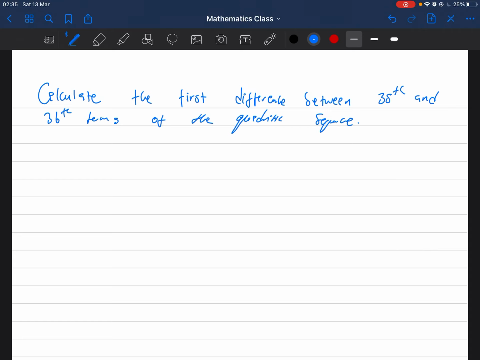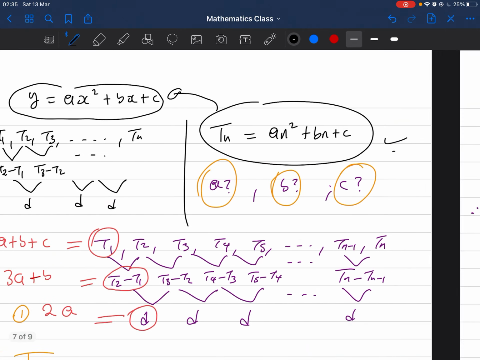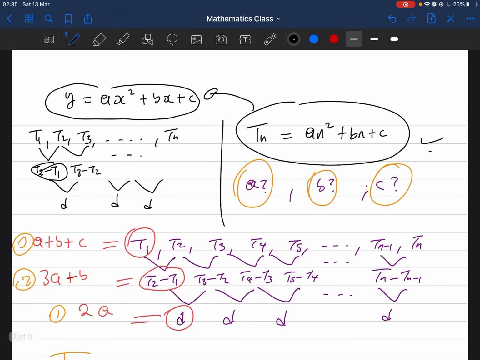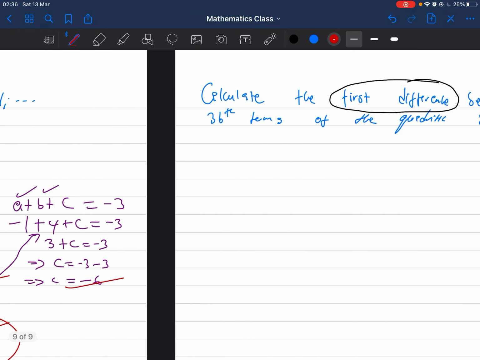Okay, so firstly, let's understand the question. They say calculate the first difference. So what is the first difference? This is our first difference, basically this whole section here. So it's the previous minus, basically T2 minus T1, T3 minus T2, and so on, right?